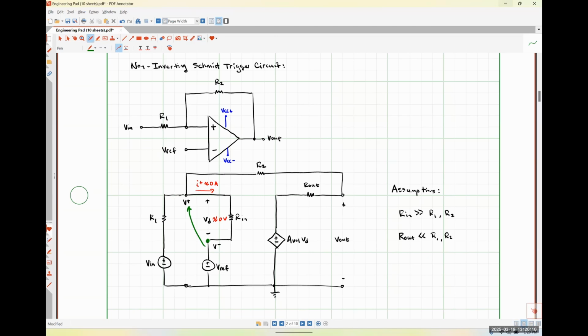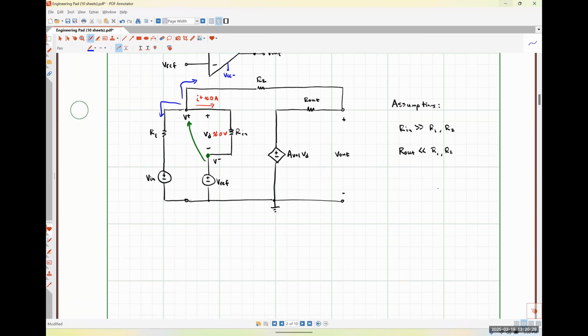So let's now apply Kirchhoff's current law at our non-inverting input node, okay? So I'm essentially going to be adding this current together plus this current together, okay? So KCL at my non-inverting input node is going to give me the following relationship, okay?